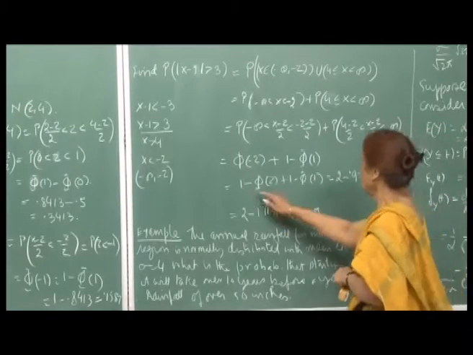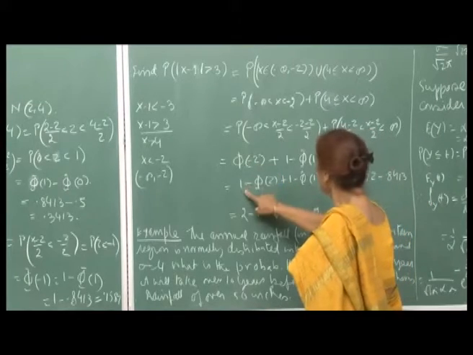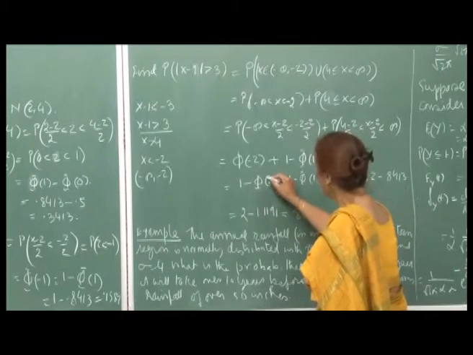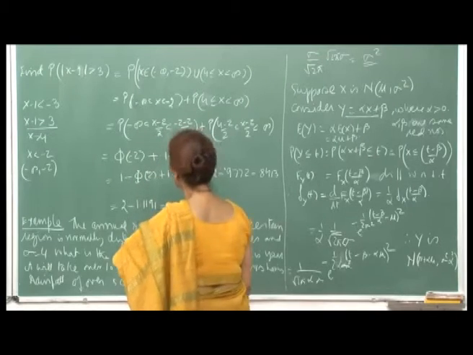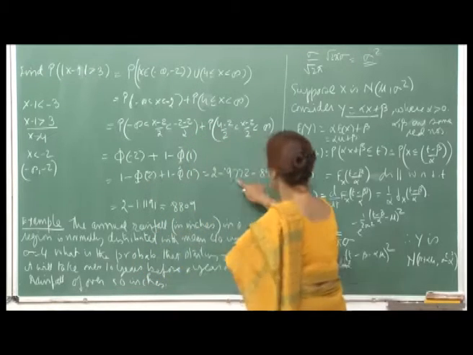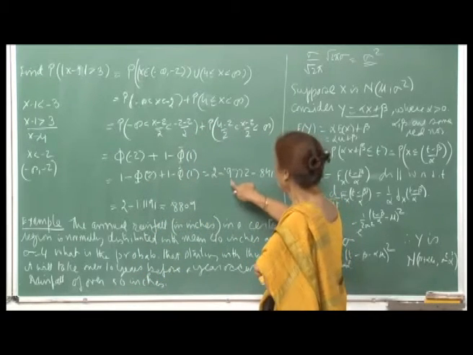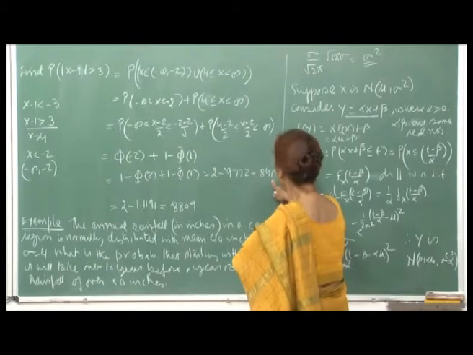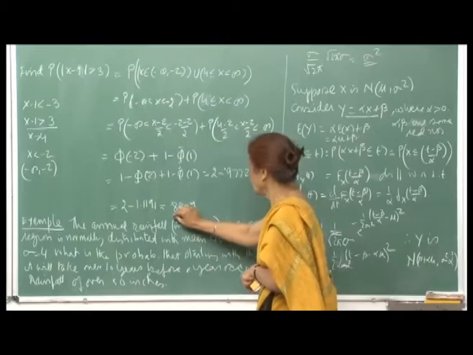And phi of minus 2 you can write as 1 minus phi 2, again by our formula for computing negative probabilities in terms of positive ones. So, I just substitute the values. Phi 2 from the tables is 0.9772, this is phi 1, and so this is the answer.